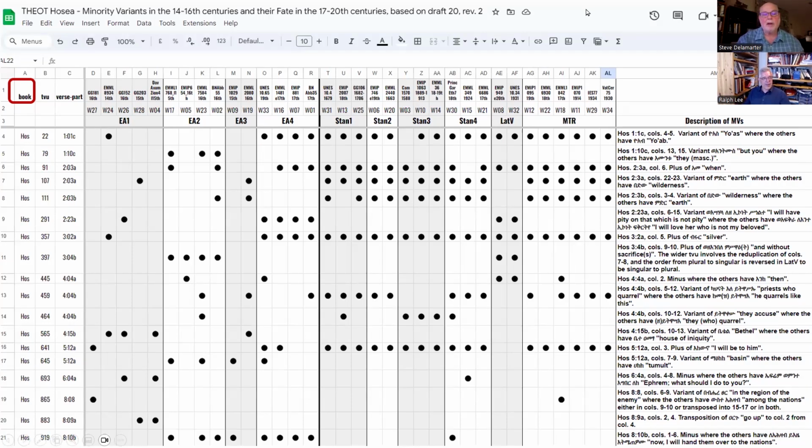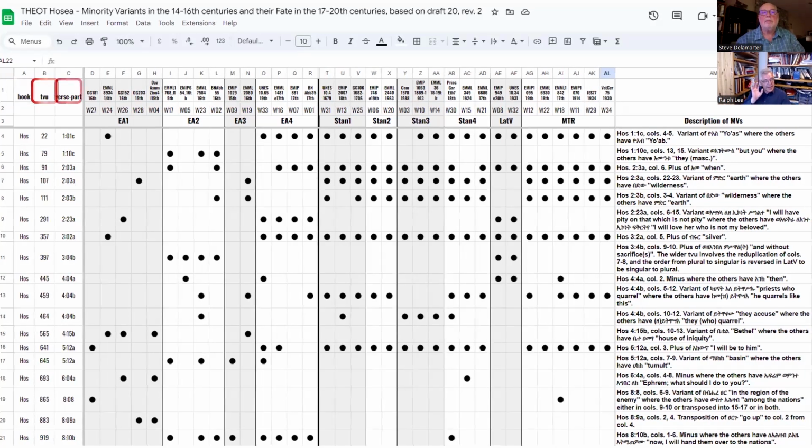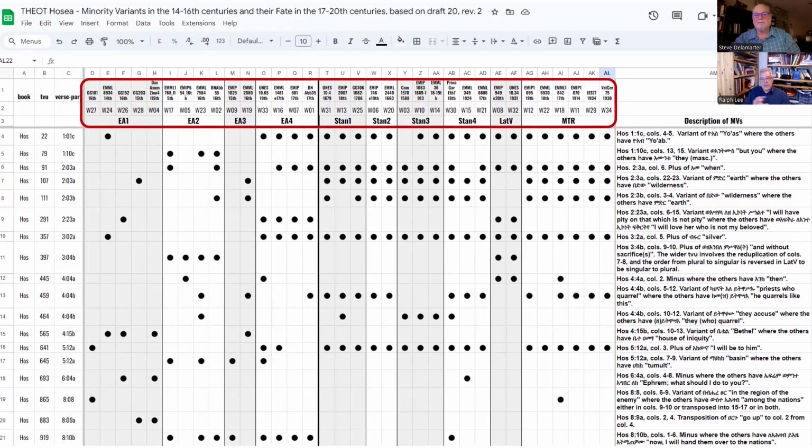Okay. So on the left-hand three columns, we've got just basic data so that if something's taken out of context, we still know exactly where it came from. The book, in this case, Hosea, TVU is the column number, and then the verse part. Then we have the clusters labeled with their witness numbers and their manuscript IDs and date so that we can find information about these particular manuscripts from our databases.